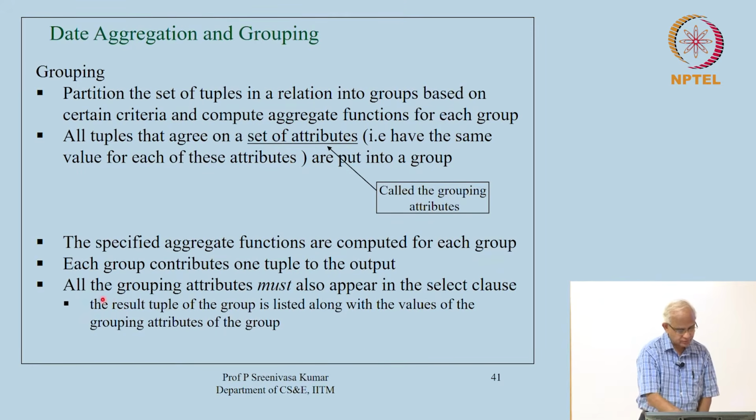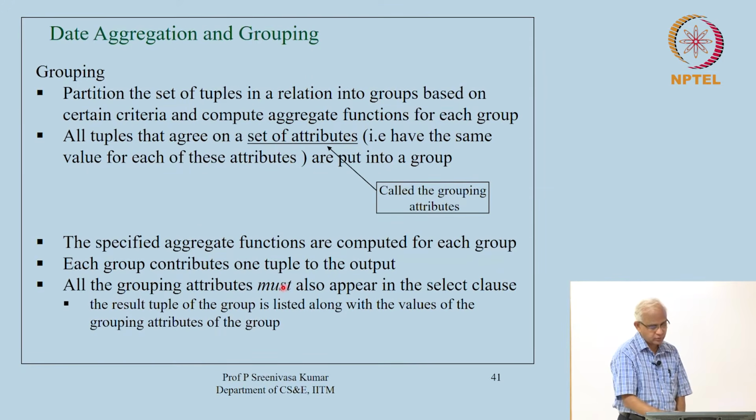Now, here is an interesting thing, the grouping attributes must necessarily be available in the select clause, because they are the ones that distinguish each group from the other groups. Their values distinguish the group, because all the tuples in one group have exactly the same values for these grouping attributes. So, the grouping attributes will have to be reported, and then whatever aggregate function was requested for the group can be reported.